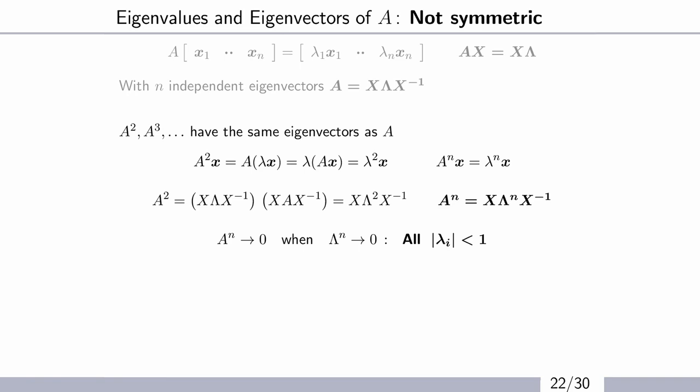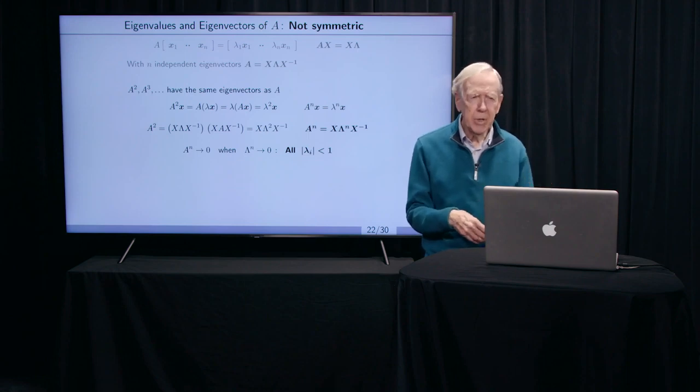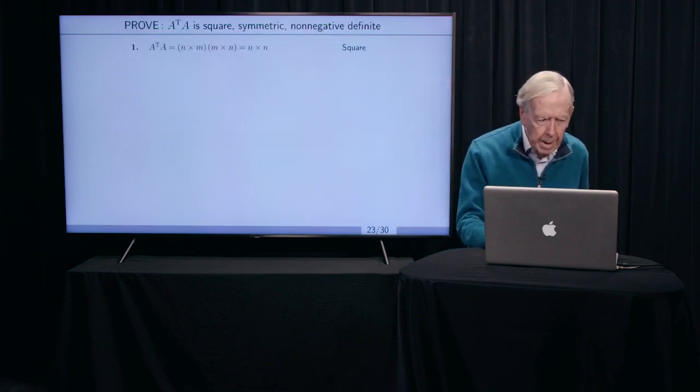So, for example, we could ask the question, if I multiply a matrix by itself over and over again, when do I approach 0? Well, if these numbers are below 1. So eigenvalues give you something that you just could not see by those column operations, or L times U. This is looking deeper.